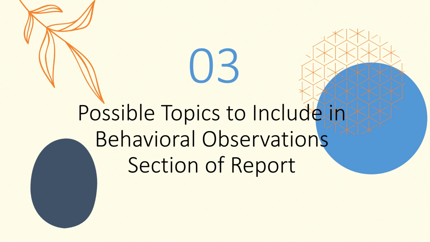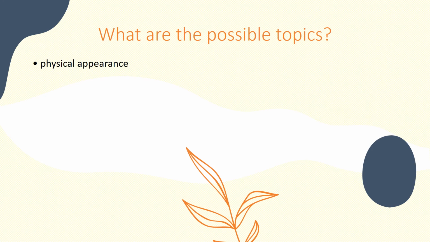You may address many different topics in the behavioral observations section of a report, although for different cases, certain topics will be more important than others. Physical appearance. Although it is not necessary to comment upon physical appearance, these observations can provide clues to examinees' physical, psychological, and neurological functioning.